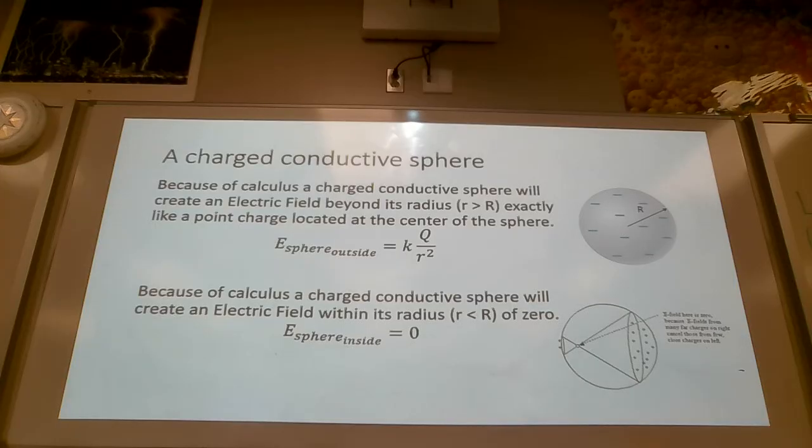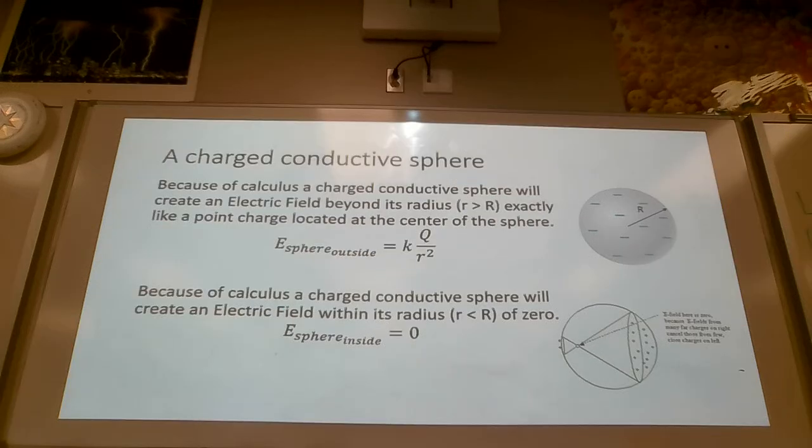So if we are outside of the radius of that sphere, this acts like a point charge. Remember how we could approximate a planet with uniform density to have the center of mass at the center, and then the gravity behaves as if all the mass is concentrated at the center of mass.